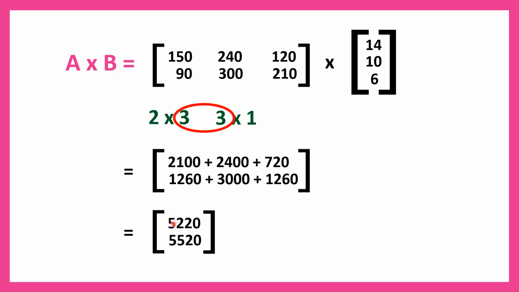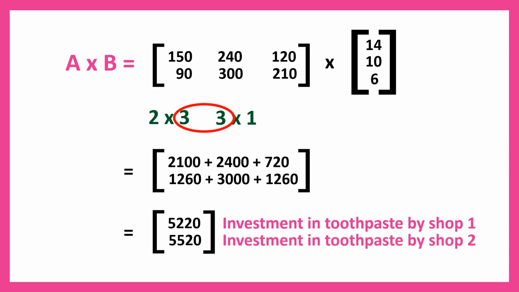We get a 2 by 1 matrix. And this matrix is our solution. The first row shows the investment in toothpaste by shop 1 and the second row shows the investment in toothpaste by shop 2. That is how we solve this problem.